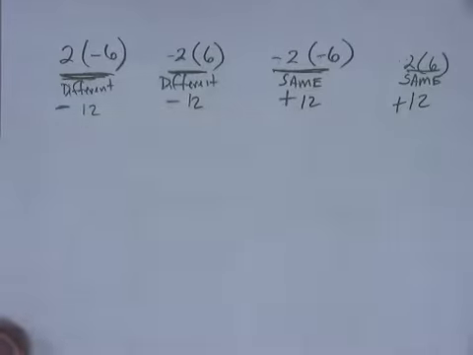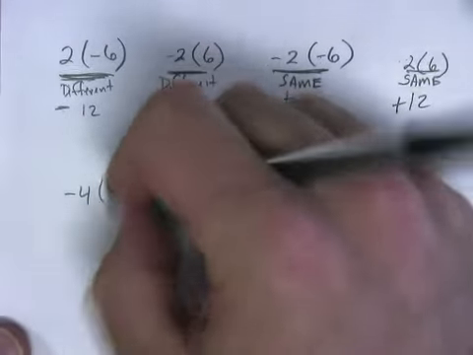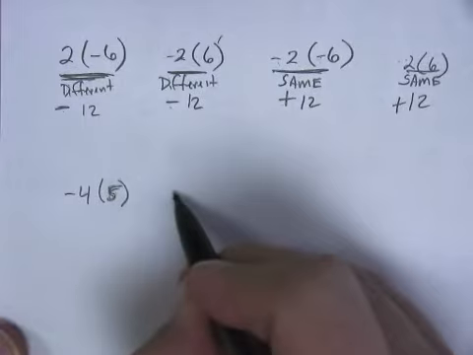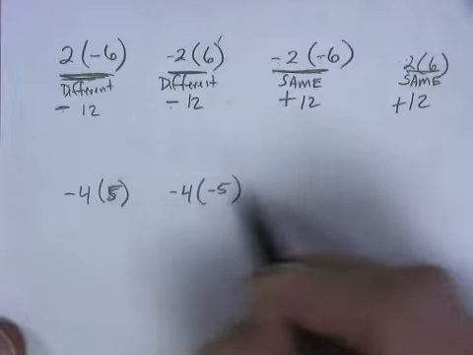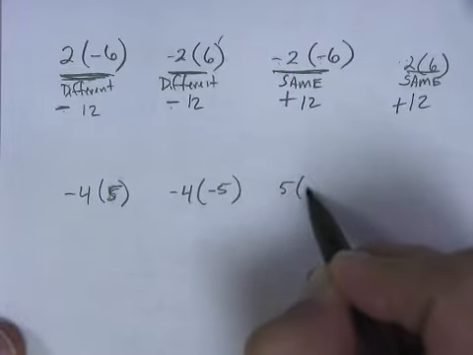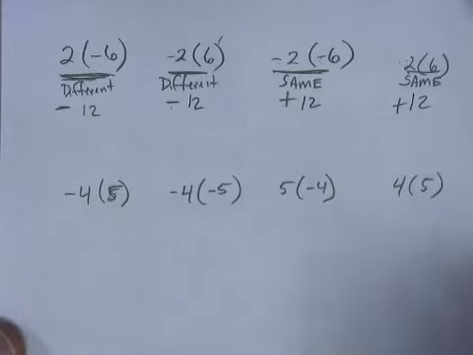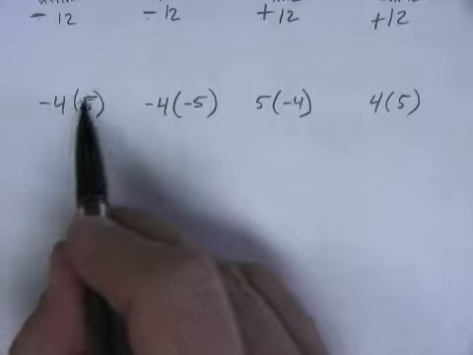Let's do a couple more. Let's do negative 4 times 5. Let's do negative 4 times negative 5. Let's do 5 times negative 4. And let's do 4 times 5. Mix them up a little bit. Negative, positive.